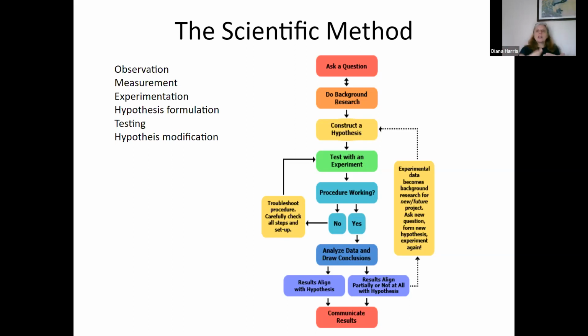So then those results get communicated, and they get communicated through scientific journals. So they would write up their findings and submit it to a journal, and these journals are peer reviewed, which means other scientists are then going to look at the article, look at the whole experiment, make sure it was done well, and make sure there are no flaws in how the experiment was done that could have led to a wrong conclusion.